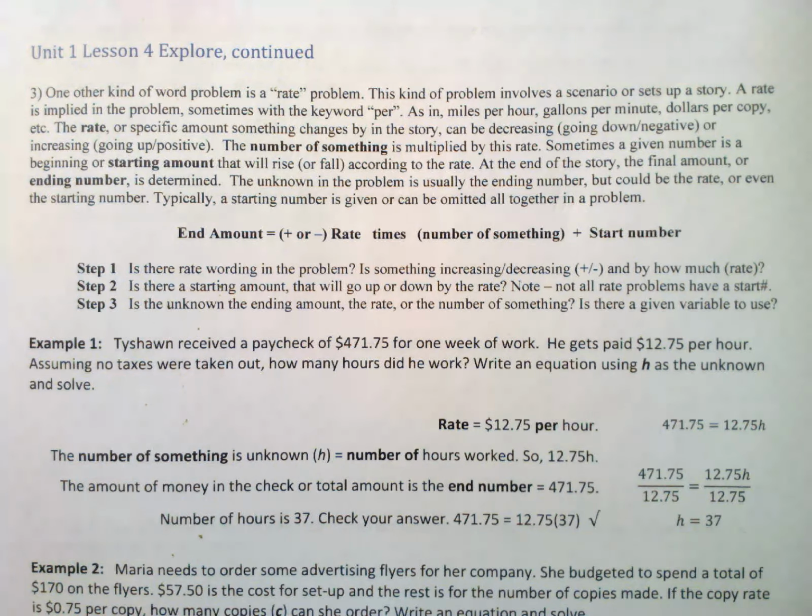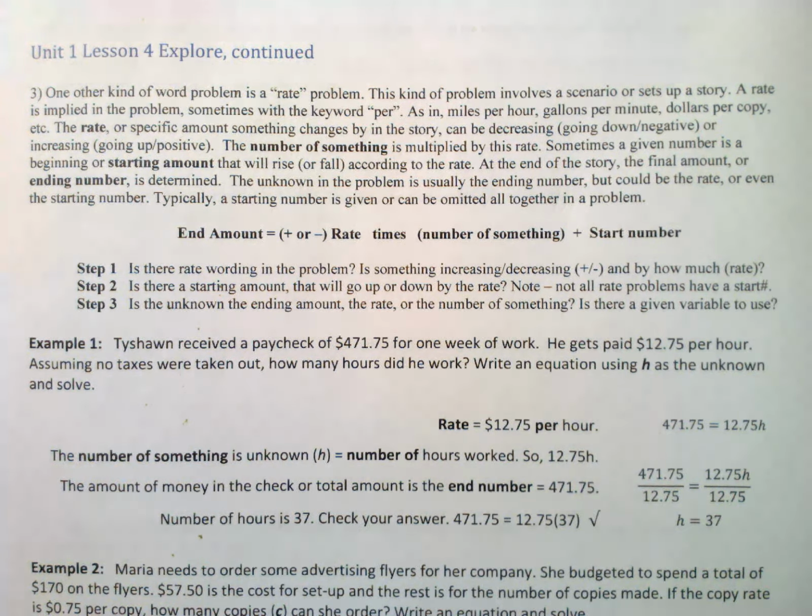Also there's a starting number sometimes, if we're going from this to this. So many miles are increasing as we do something, starting with this number, that kind of thing. Typically at the end, we're trying to find a final cost or an ending number.